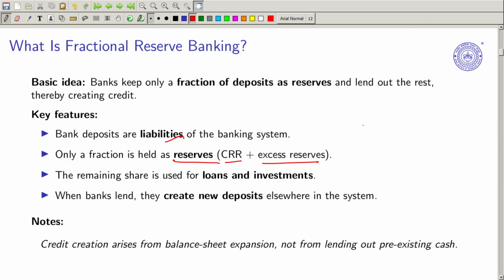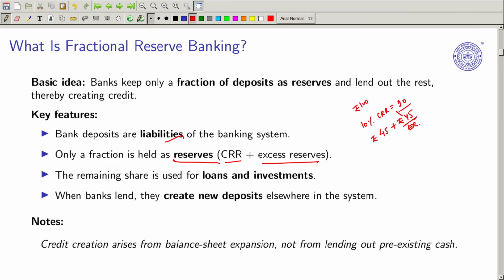Now you have the clarity that if the deposit is rupees 100 and 10% is the CRR, you are left with 90. Out of 90 rupees, suppose a bank is able to lend only 45. So rupees 45 is still excess reserves, right.